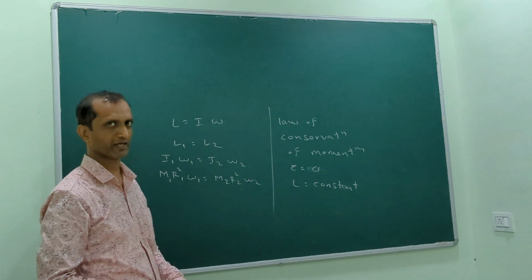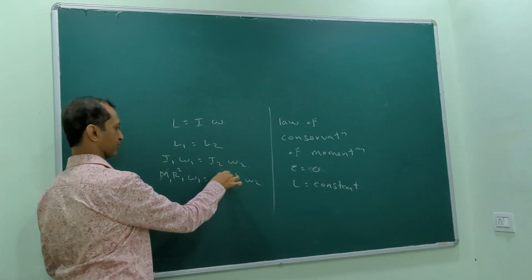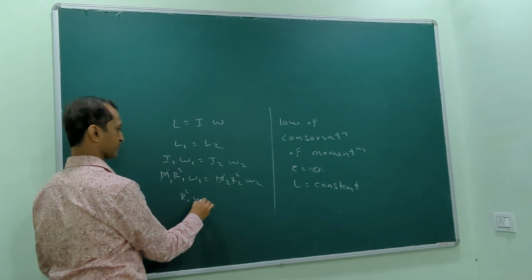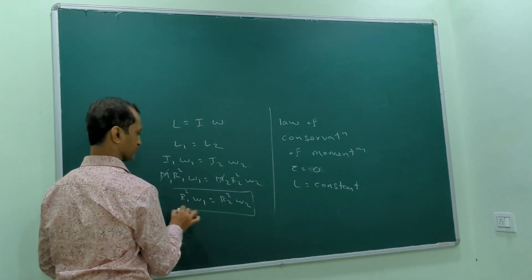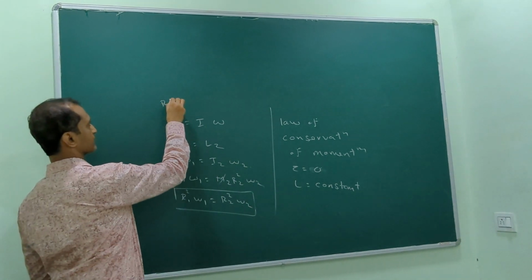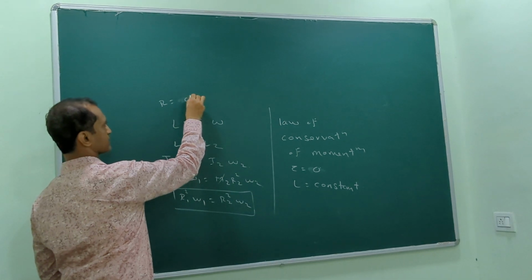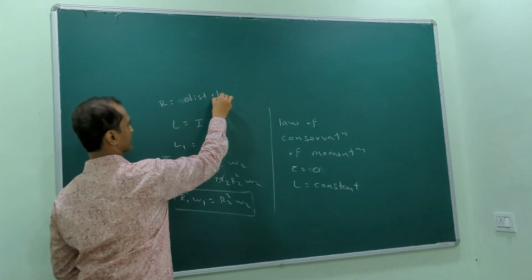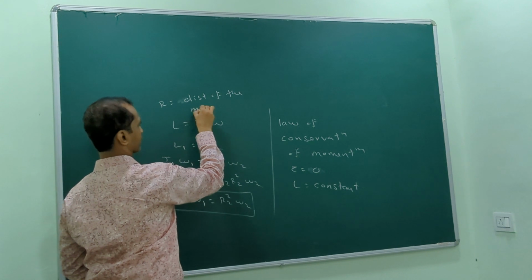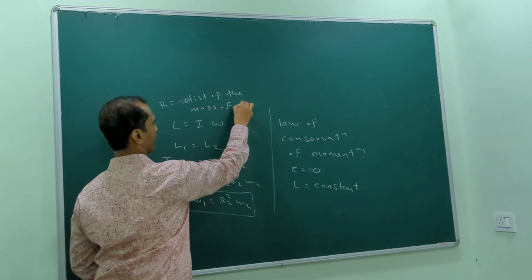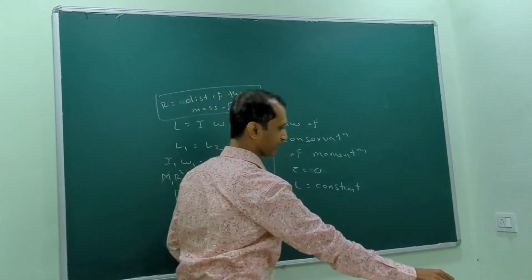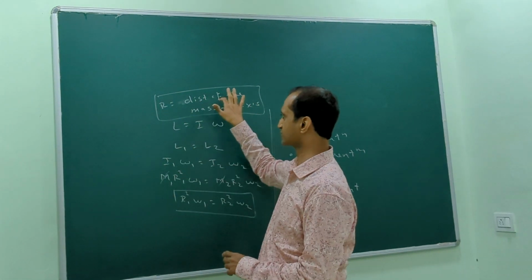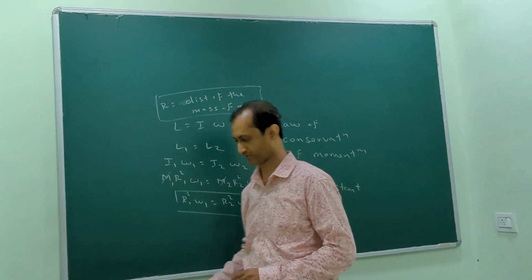Now over here, if the mass of the body remains constant, then r1 square omega 1 is equal to r2 square omega 2, where r is nothing but the distance of the mass from the axis of rotation. Now let's see how the mass distribution affects the velocity.